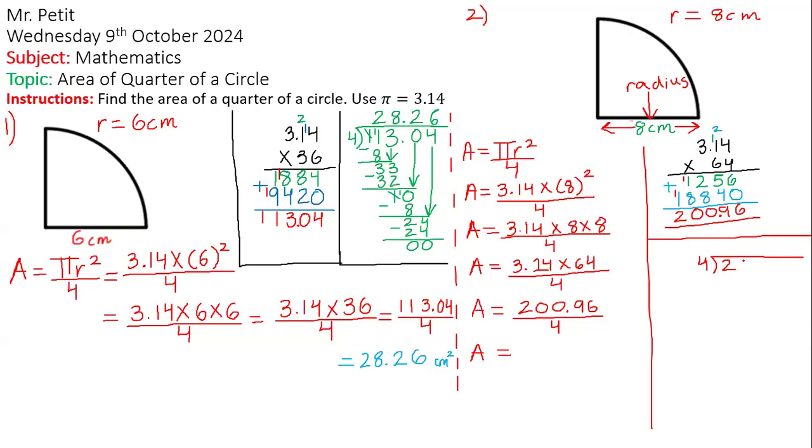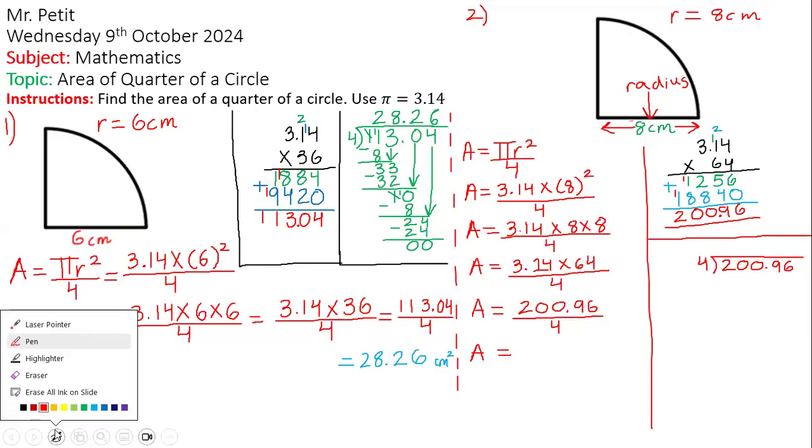Fiani, are you there? Mr. Petit... I got 50 point... Someone was saying something, telling you that he got 50.24.